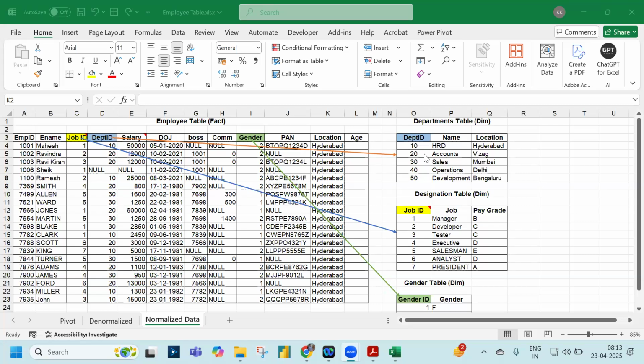Okay, no problem. So let me explain what a primary key is first. A primary key is always unique and can't be null.